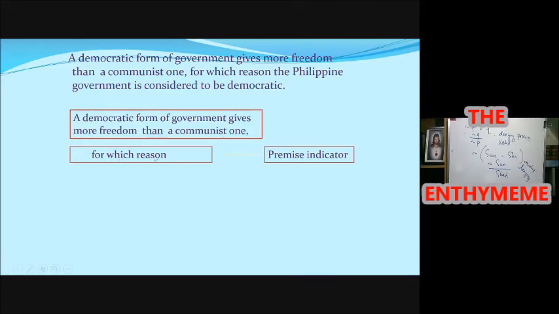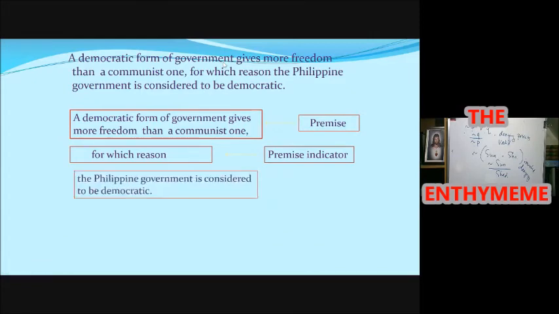Because when you say "for which reason", meaning this reason, the democratic one, that's a premise. And if that is a premise, that means the last statement, the Philippine government is considered to be democratic, is the conclusion. So that is analysis, meaning we have identified the parts of the argument: which part is the premise, which part is the conclusion.